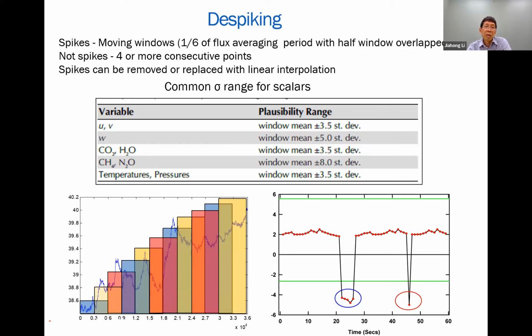If 4 or more consecutive points are detected, they are not considered as spikes. Like you see from the graph, the data points in the blue circle are not spikes. Spikes can be removed or replaced with a linear interpolation.